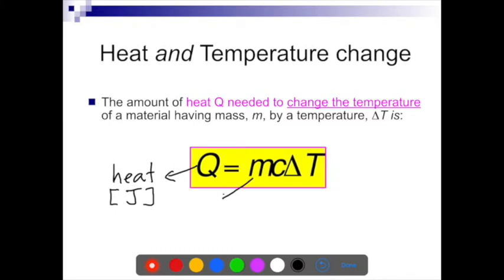M is the mass of the object whose temperature changes. Okay, and the mass is given in units of kilograms. SI base unit for mass is kilograms. Delta T is the change in temperature.